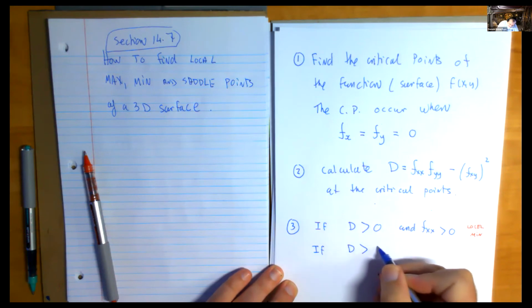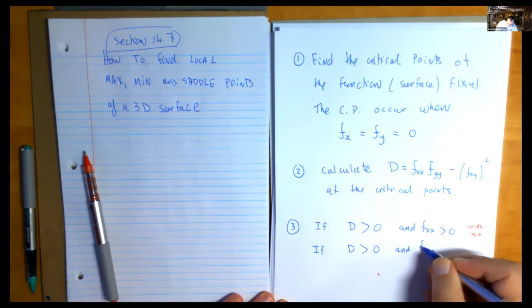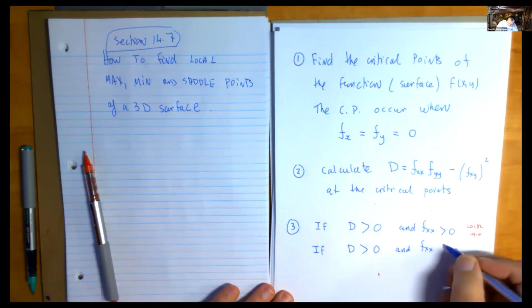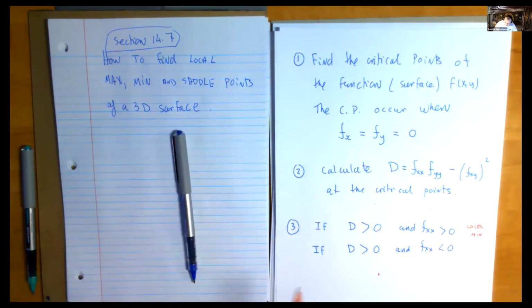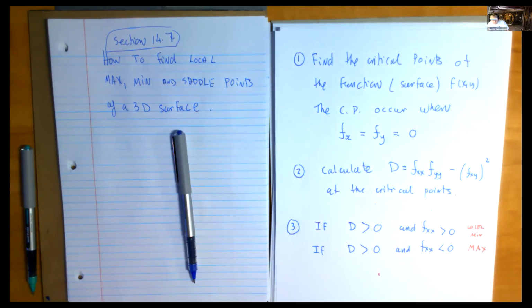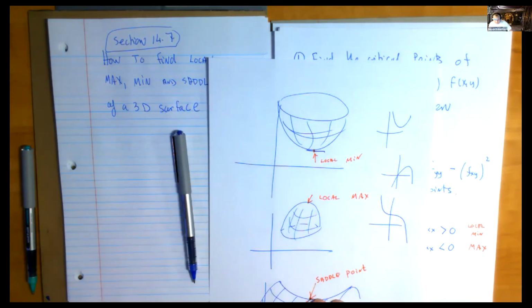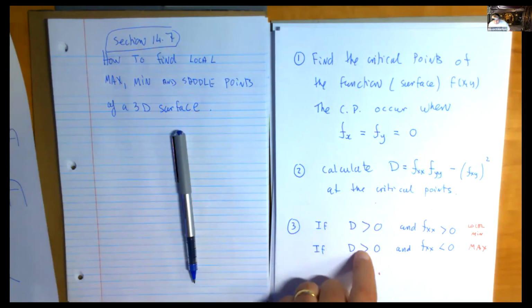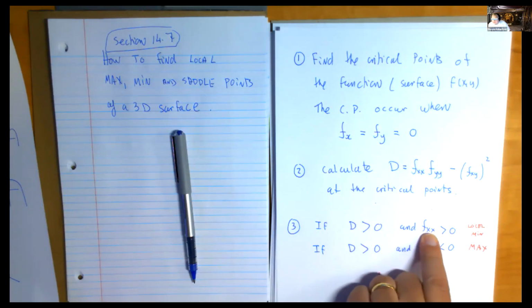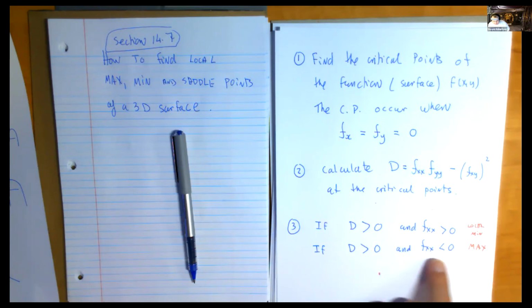If d is greater than 0 and the second partial derivative is negative, then you're looking at a local maximum. So that's how you tell whether you've got a hill or a valley. The d will be positive in both cases, but the second derivative with respect to x will be positive and you'll have a min, and it'll be negative if you've got a max.